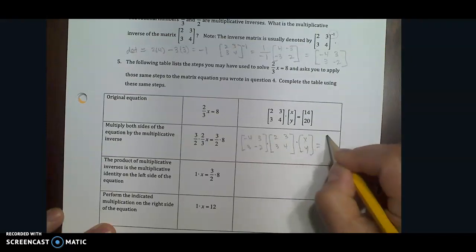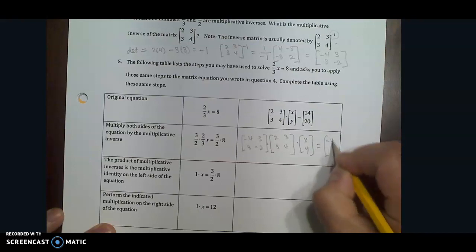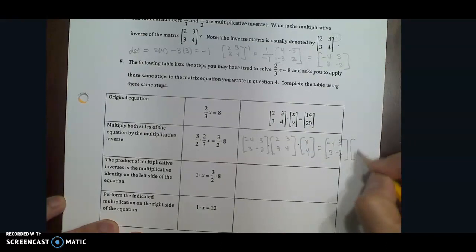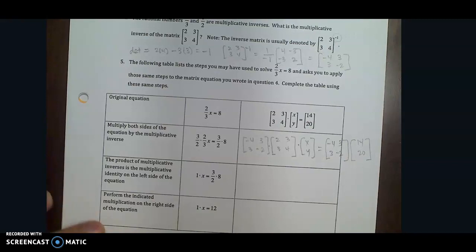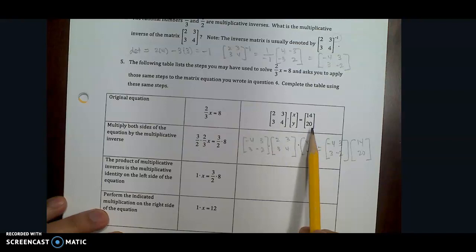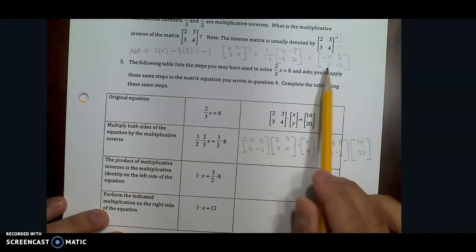What we do to one side, we have to do to the other, so I multiply this side by this matrix as well. All I did was multiply both sides of this matrix equation by the inverse we just found.